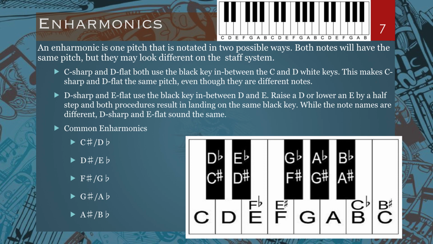Now this is a complex topic, so for now, the best way to think about this is that the black keys and some of the white keys tend to have two different possible spellings.